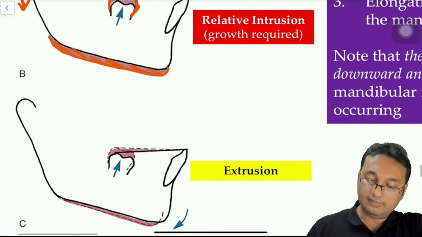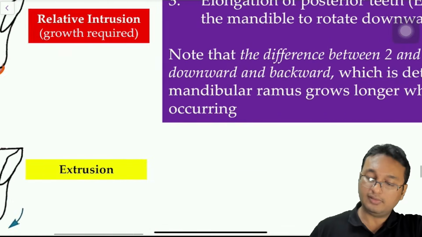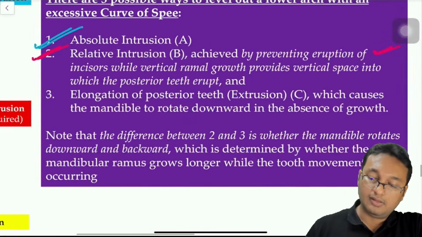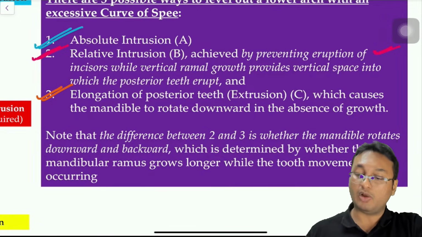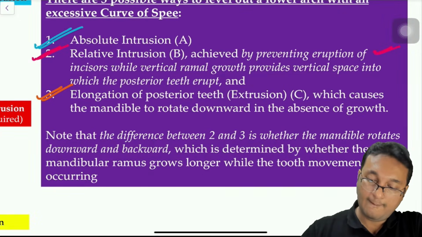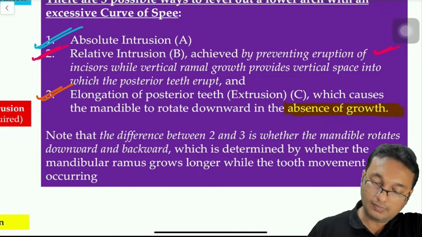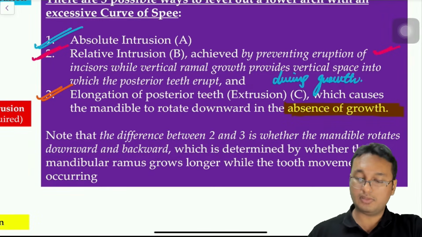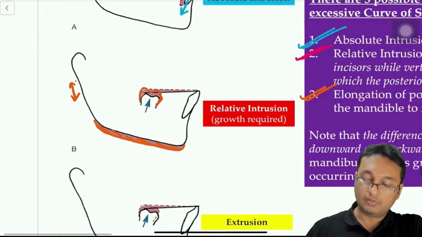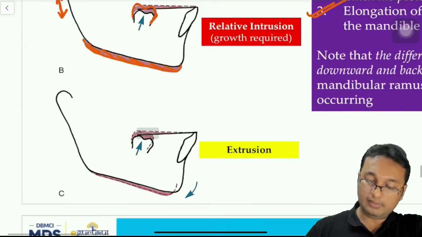And the third one is extrusion, simple extrusion. That is elongation of posterior teeth, which causes the mandible to rotate downward in the absence of growth. Mark my word, this is absence of growth. Okay, you have to mention this. So what is happening in the extrusion part?